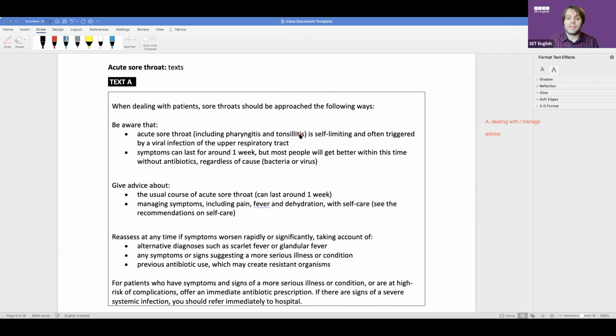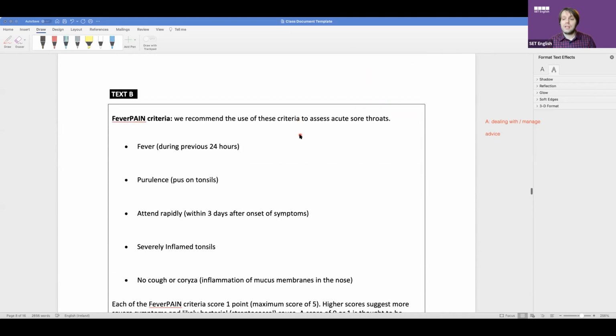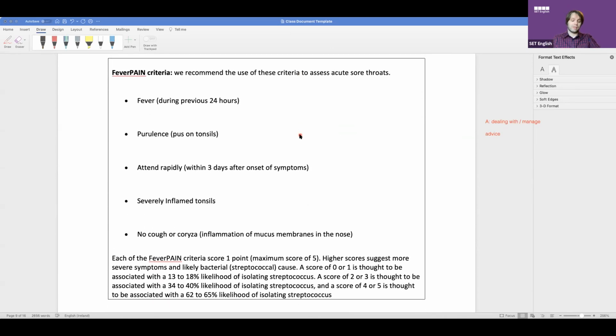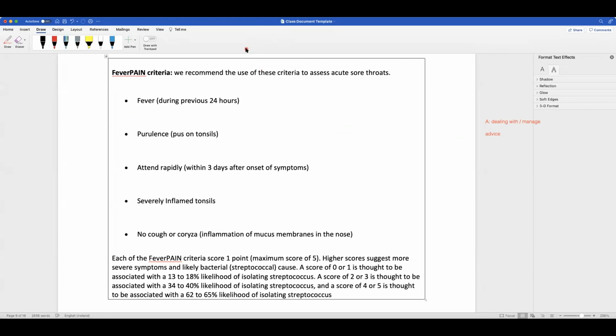You've got 30 seconds to do the next one, starting now. Go, 30 seconds. What is the text about? What is the function? Is it advice or information? Information, history. Nice.